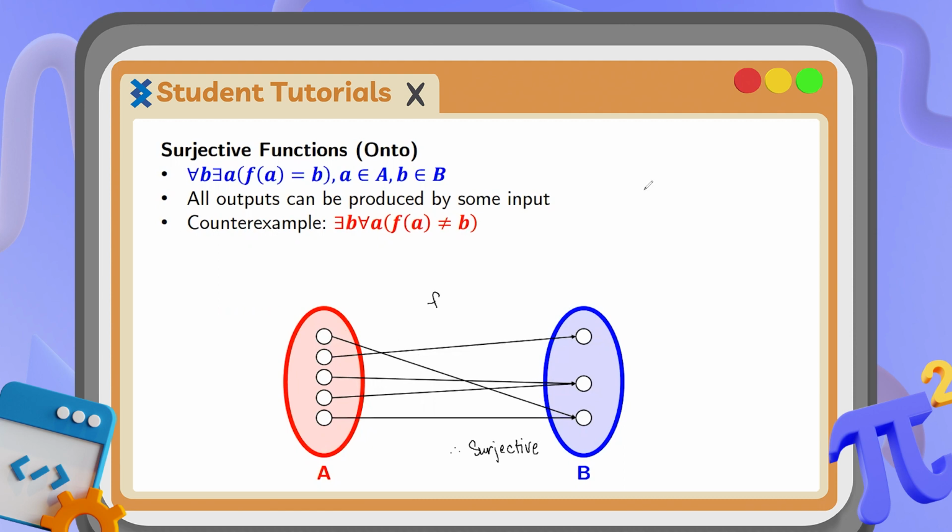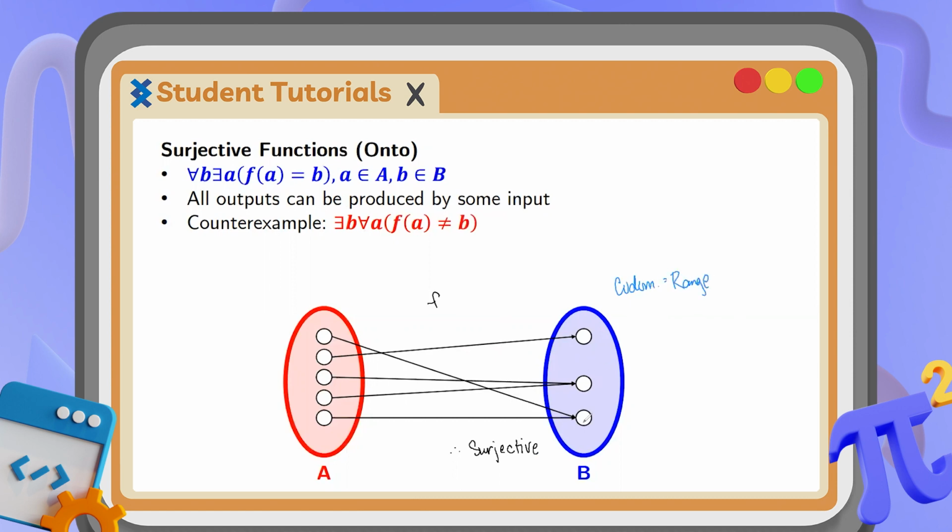Take note that although this function is not one-to-one, because two inputs share the same output, it wouldn't matter anyway, because our focus for surjective functions is to make sure that the codomain is equal to the range.